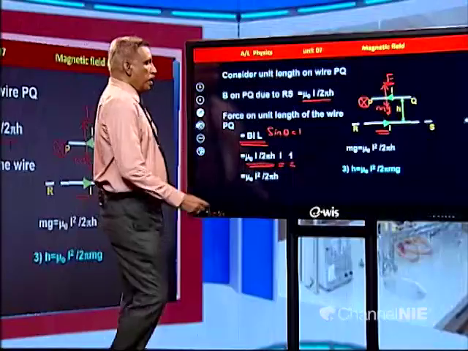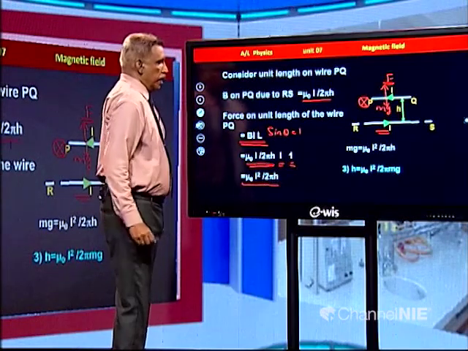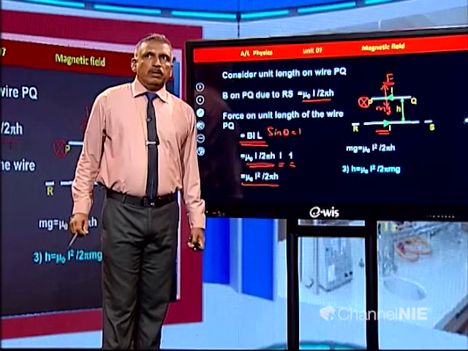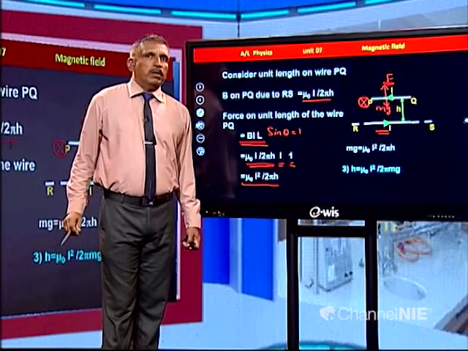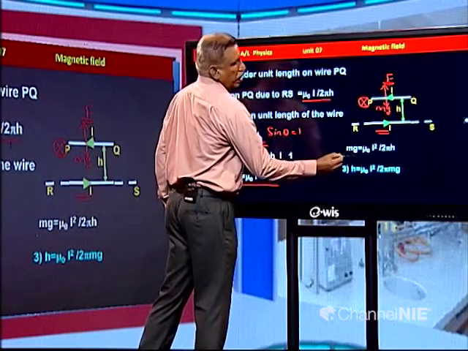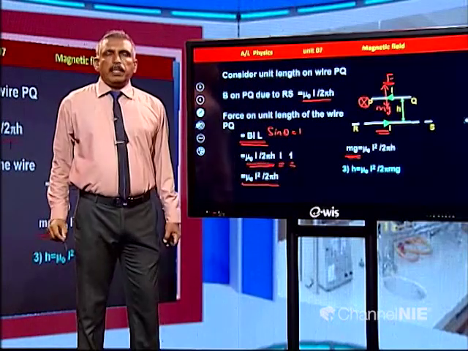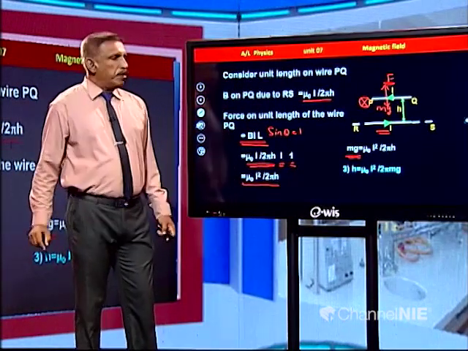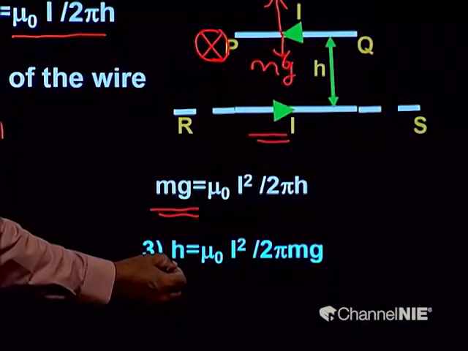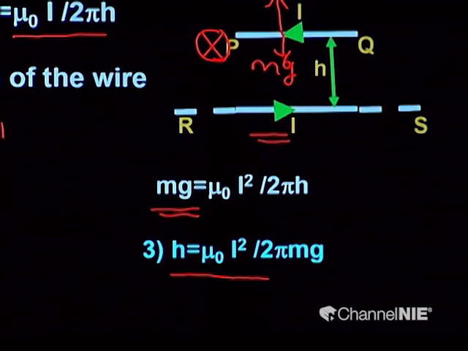So, we solve this: mu naught I squared over 2 pi h. This is the force on PQ, and this force is equal to mg, where mg is for the unit length of PQ. Therefore, we can find the value of h is equal to mu naught I squared over 2 pi mg. That one is the third answer.